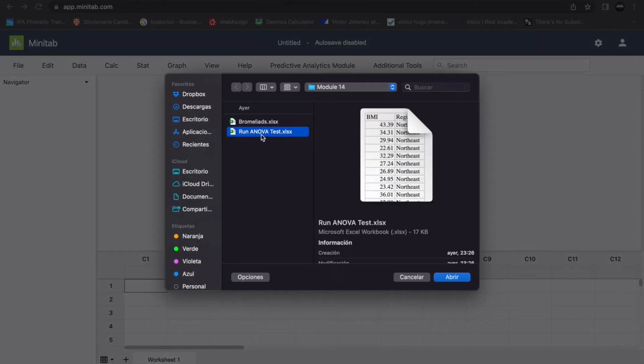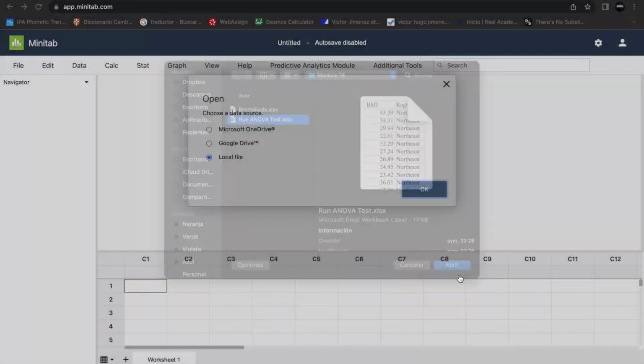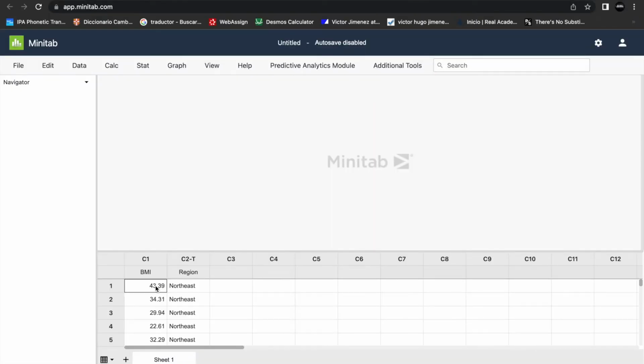Open it. And there you have information about the weight for Hispanic people in the United States from 4 regions.